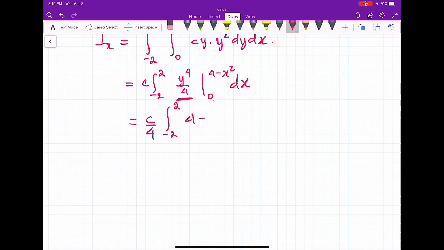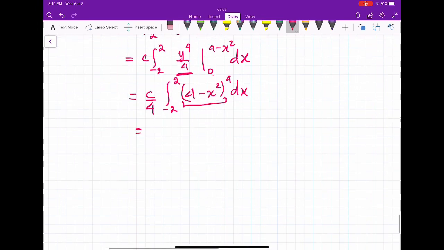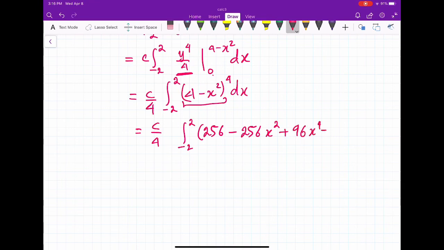That's the integral of 4 minus x squared to the 4 dx, and you have to open this parenthesis. You get c over 4 in here, from -2 to 2, of 256 minus 256x squared plus 96x to the 4 minus 16x to the 6 plus x to the 8 dx.